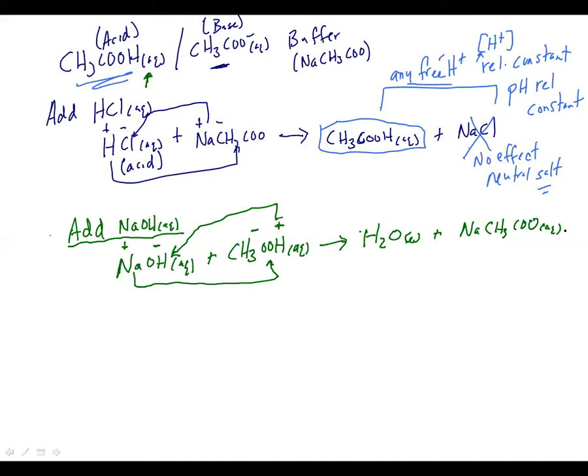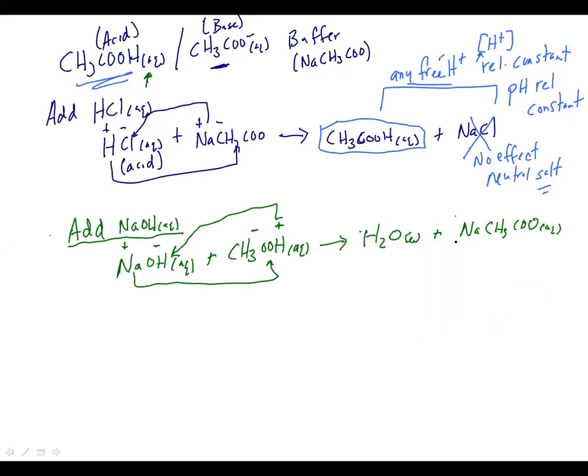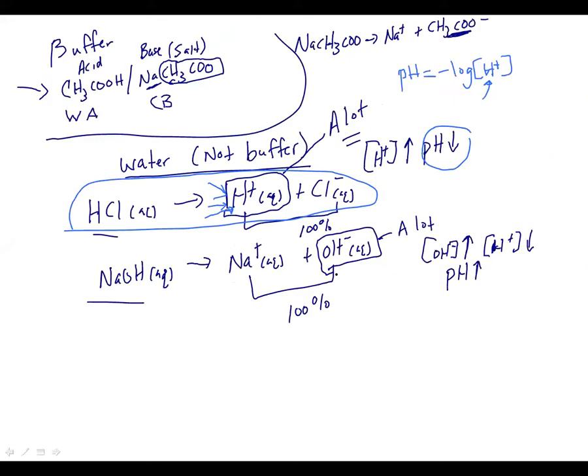And when we look at this, we see a very similar result as to what we see above, a little bit different, but same core idea here. When we look at the product side, we again made the other part of the buffer, which was there to begin with. So that's going to have no effect on the pH. We made some more sodium acetate, and again, that was the original part of the buffer. But what we do not see here, that we do see over here, is that when we added that strong base to water, we made a lot of OH minus.